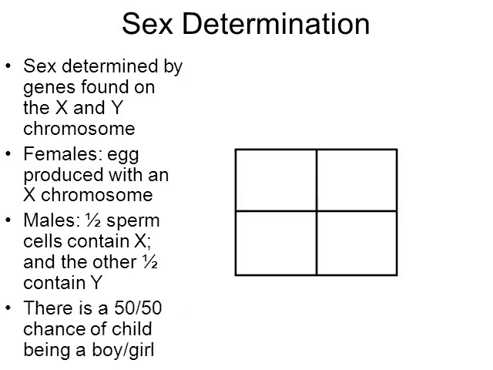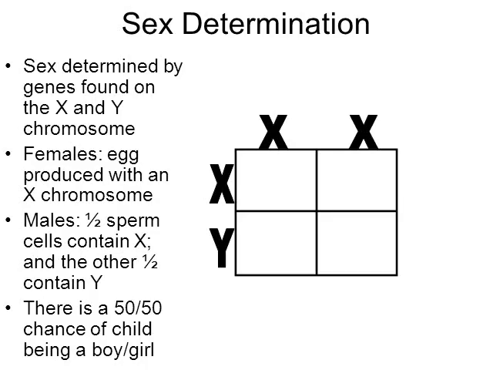So mathematically, I want to prove to you that there is a 50-50 chance of a child being born a boy or a girl if we use the sex chromosomes like a Punnett square. I just put the XX female sex chromosomes on top, the XY male chromosomes on the side.